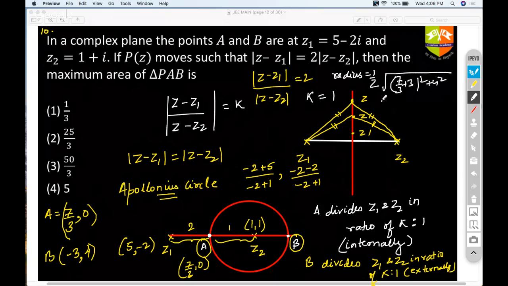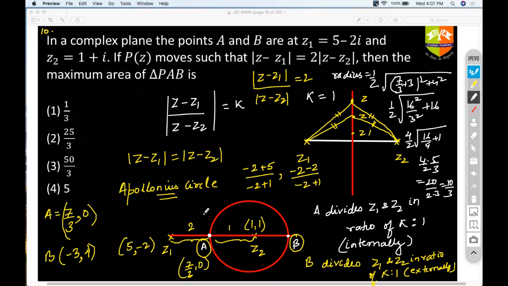That's going to be 9, 9 plus 7, 16. 16 square by 3 square plus 16 under root. Let me pull out a 16 out as 4. So inside I will have 16 by 9 plus 1. That's going to be 5 by 3. So 4 into 5 by 3. That's going to be 20 by 3, and half of that. I'm sorry, I forgot the half everywhere. So half of that would be 10 by 3.